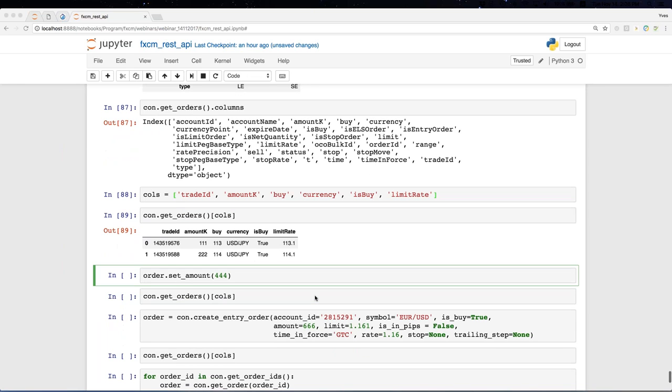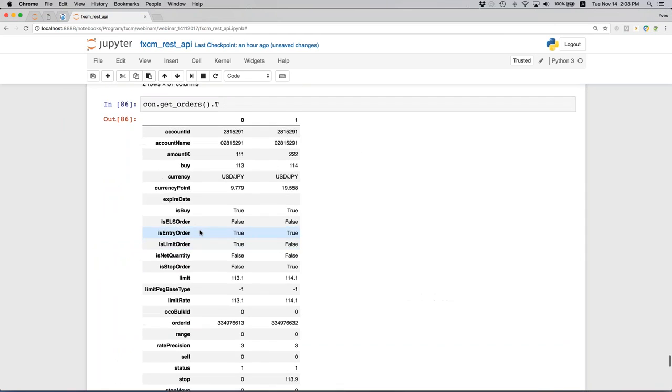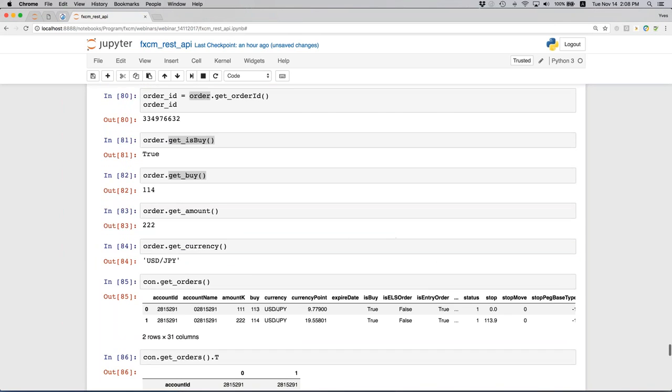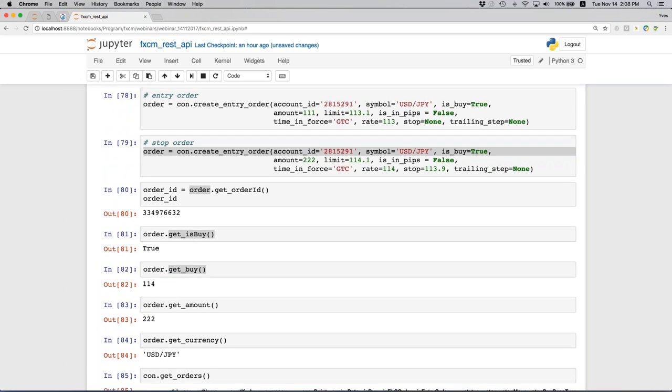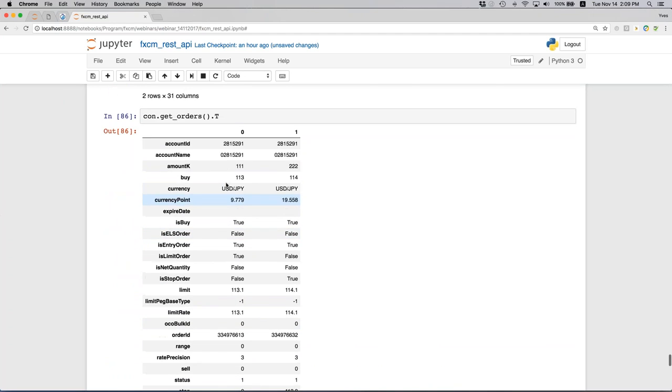I can, for example, also adjust orders on the fly. So I can set the amount for the order. Where is the order ID? There, it's the order ID 3347, and we have the second one.